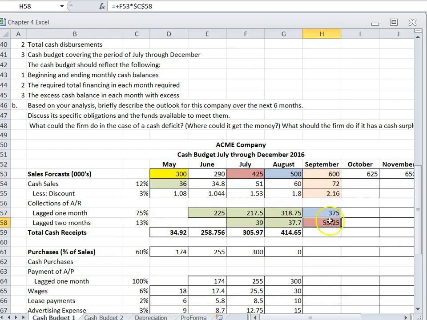Okay, so the cash collections in September are a combination of collecting cash from 3 months worth of sales, all at various percentages. And then here, I'm going to get the sum of my 2 month collections, my 1 month collection, my cash collections, and minus my discount. And that will be my total cash receipts for September.